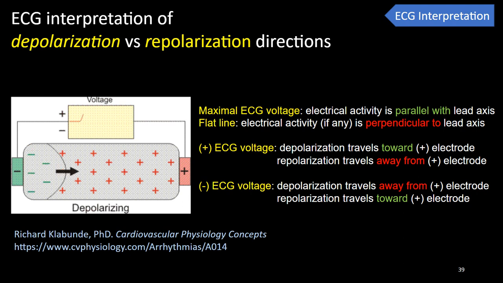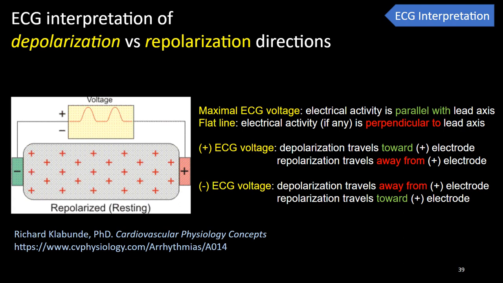In ECG signal optimization, 3 sets of electrical propagation principles are helpful and best illustrated here by Dr. Klubundi. First, maximal ECG voltage is achieved when electrical activity travels in parallel with the lead axis. Conversely, a flat line on ECG means that electrical activity travels perpendicular to a lead axis.